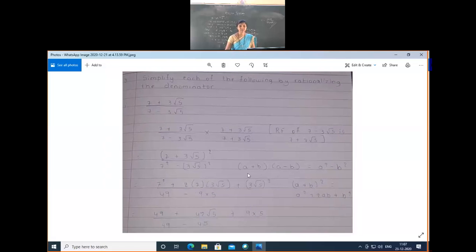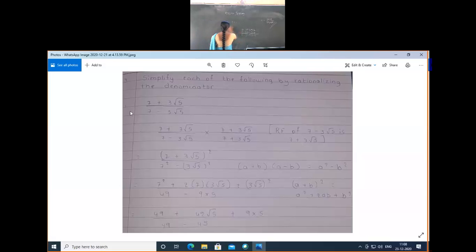For this question, some students asked for the explanation part. So this problem I want to explain on the board only, because many students asked, please Mataji, once revise the rationalize the denominator topic. The question is: simplify each of the following by rationalizing the denominator.